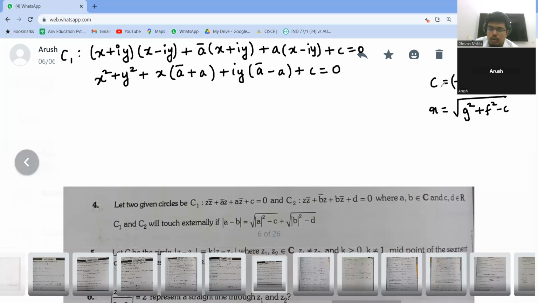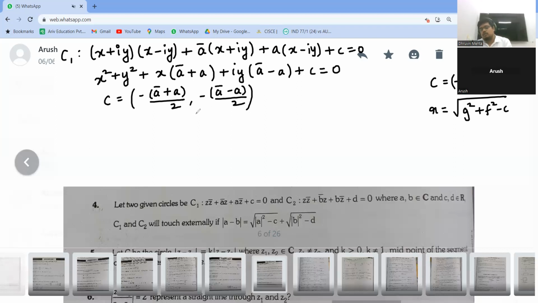So over here the center is going to be negative g and negative f, which means it is negative of (a bar plus a) by 2 and negative of (a bar minus a) by 2.